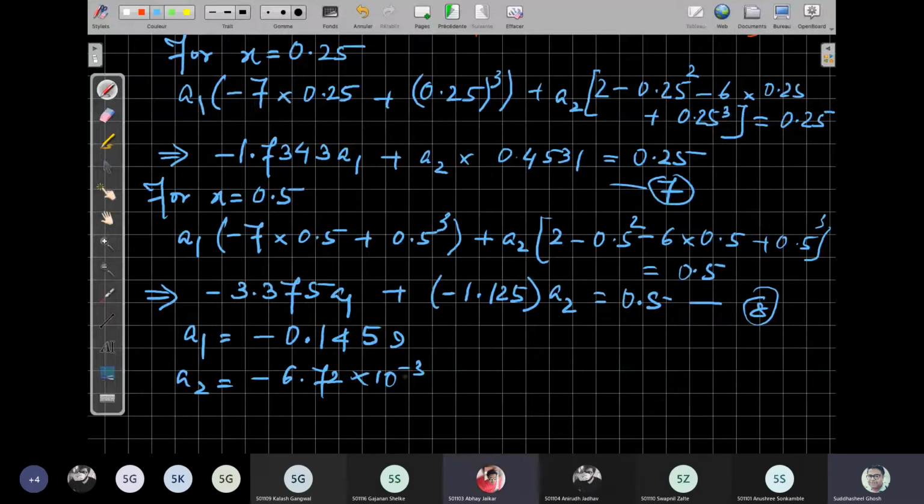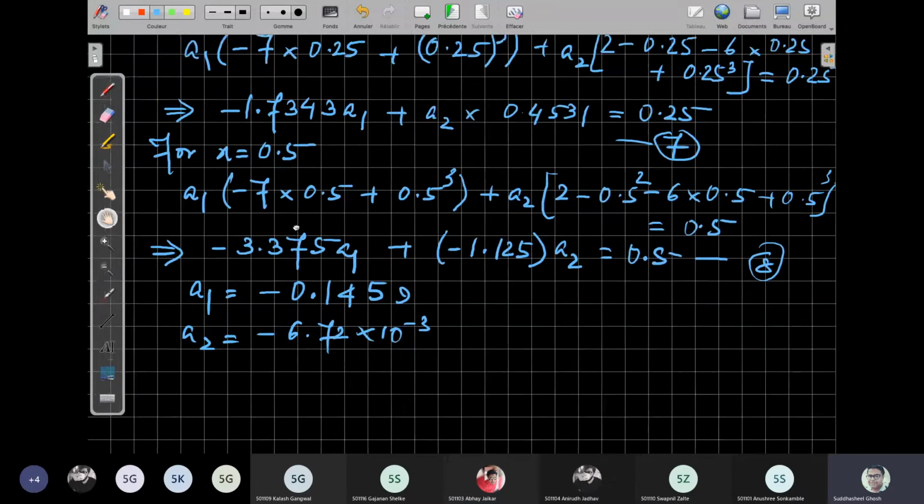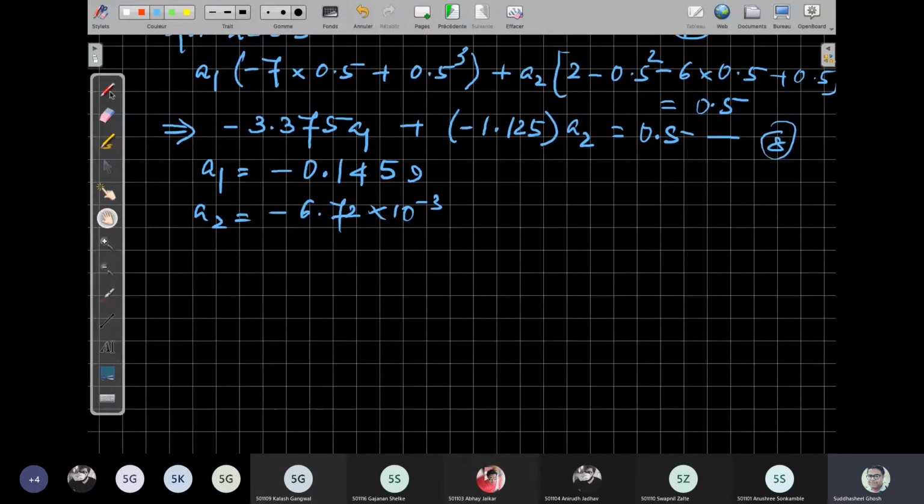Okay, so if this is the case, then what can I say about A3? Can you tell me what is the value of A3? Because I had already said that A3, according to the previous calculations, was minus of A1 plus A2. Correct? So now tell me the value of A3.